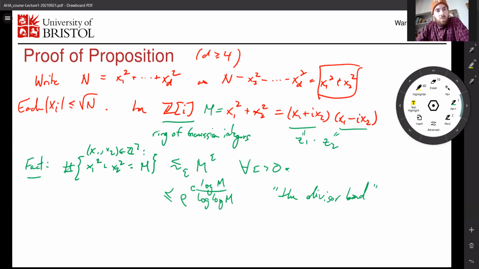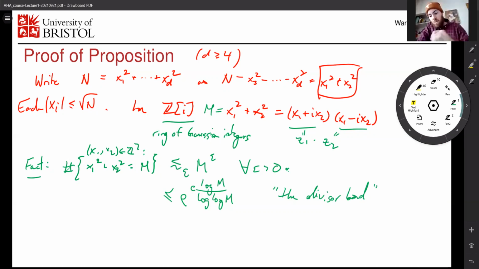The reason that's true is because Gaussian integers are a unique factorization domain. In fact, they're a Euclidean domain. And so this divisor type bound applies. Okay, the details are in Hardy and Wright. And I'm going to take that elementary number theory fact for granted instead of getting into algebraic number theory and estimating powers of 2.